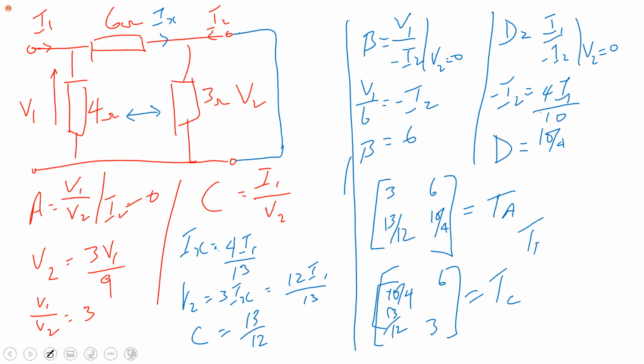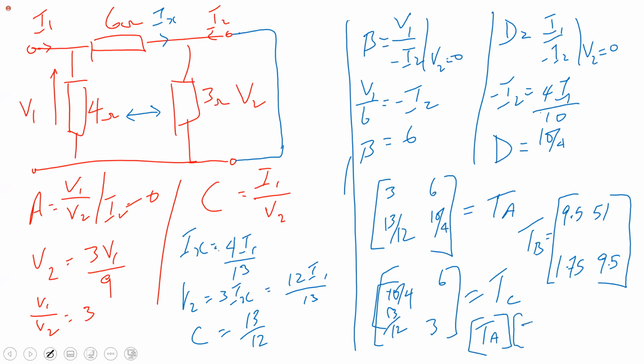So TB would remain as how is TB? 9.5, 1.75, and this would be 9.5. And then we have TA, TB, TC equal to T.